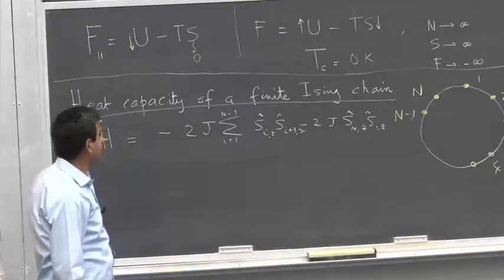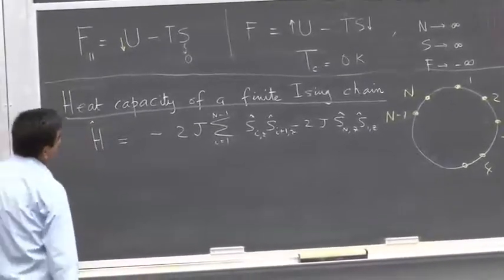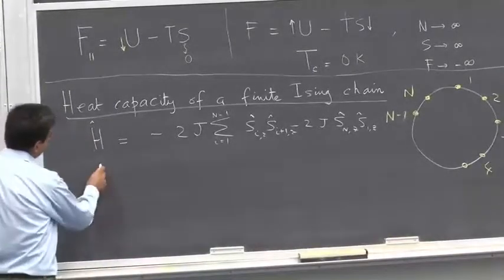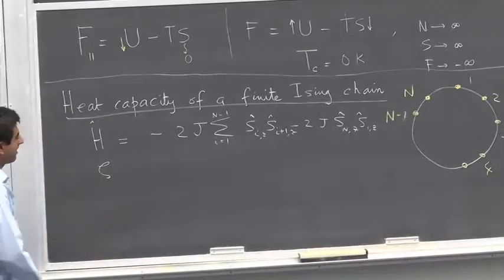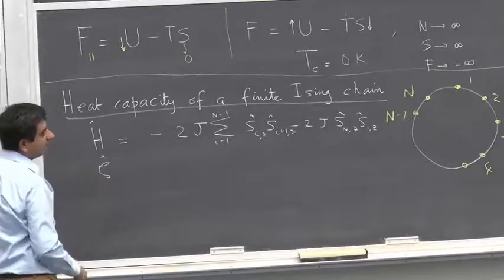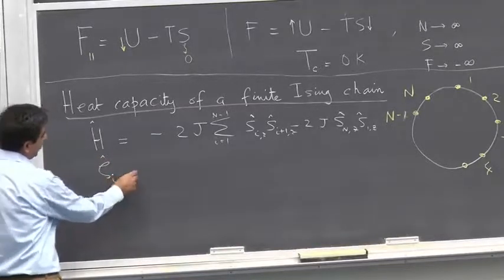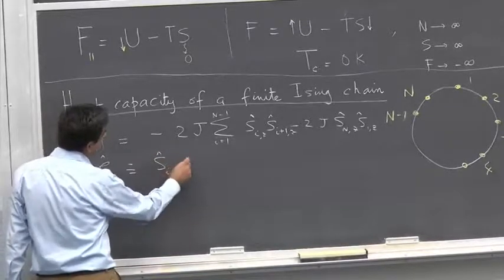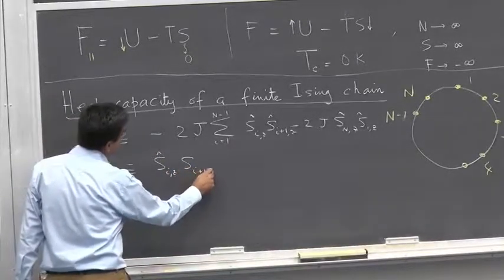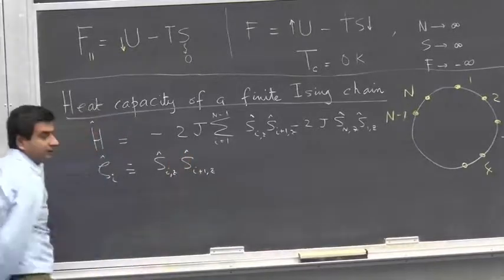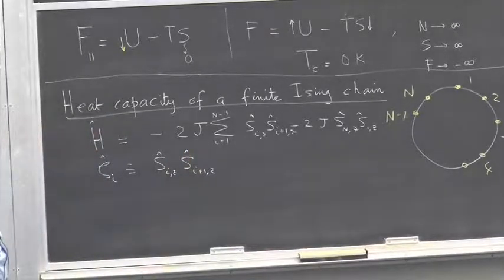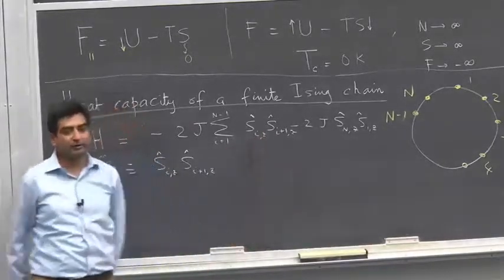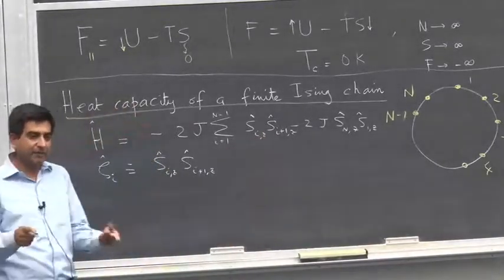Now what we would like to do, we introduce a new operator. Let's call it zeta. Zeta_i is defined as S_i^z S_{i+1}^z. Okay, so we've just collapsed this into one operator, the Ising operator.